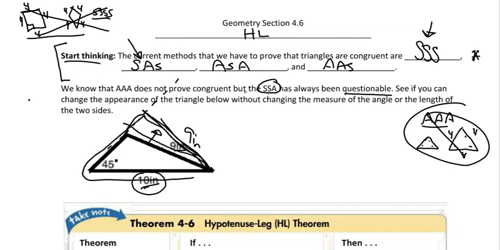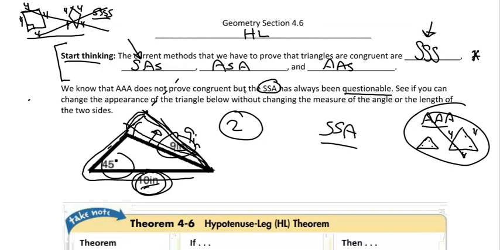So it's basically this side here swinging. It would swing out and it would be too long and then it would snap back in place. So since there's two possible triangles that could be created, knowing a side, then an angle, we could not use SSA.